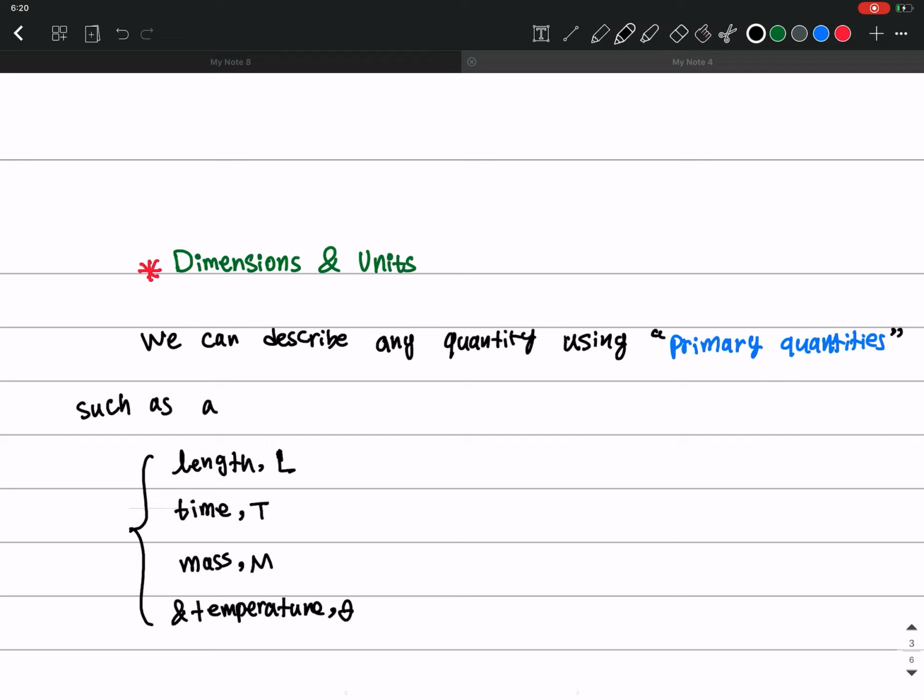Any quantity that you find in most of the physics problems that you have seen, other than things like electromagnetics, but these kinds of mechanics, especially fluid mechanics, can be described with these primary quantities: length, time, mass, and temperature. So these are primary quantities, or we can also call them basic dimensions.